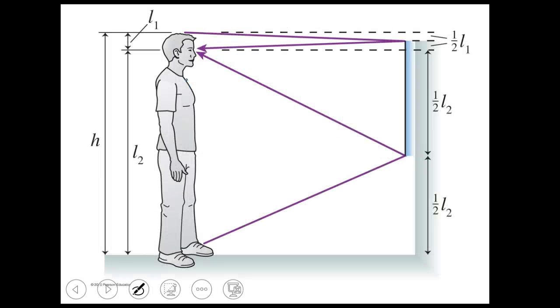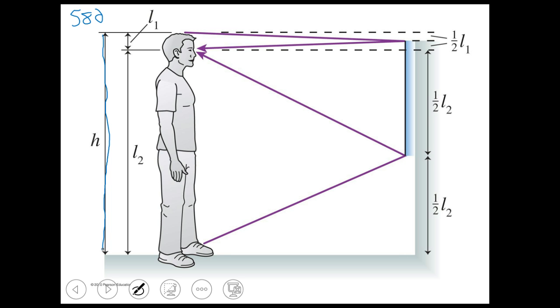Your book poses a really interesting question on page 580. If you're following along in your book, it says: if I have a person of height h, what's the smallest mirror that they can see their whole self in?